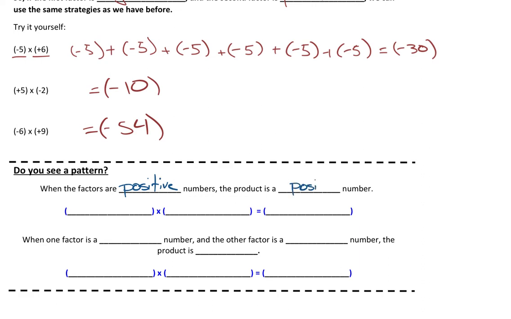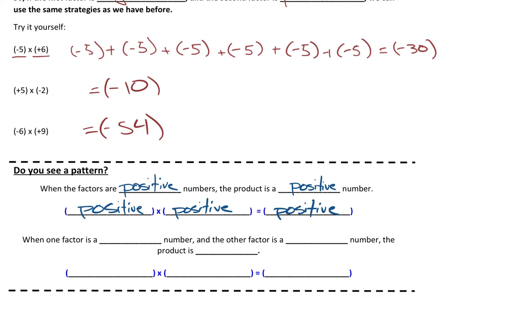Remember, product is the answer, okay? So if we have a positive, times a positive, our answer is going to be a positive. So if both factors are positive, that means that our answer is going to be positive as well.